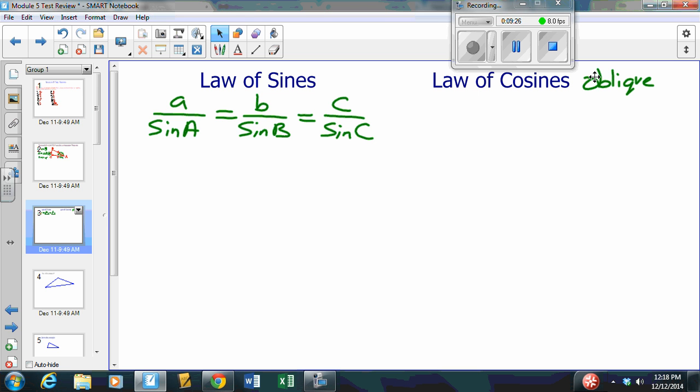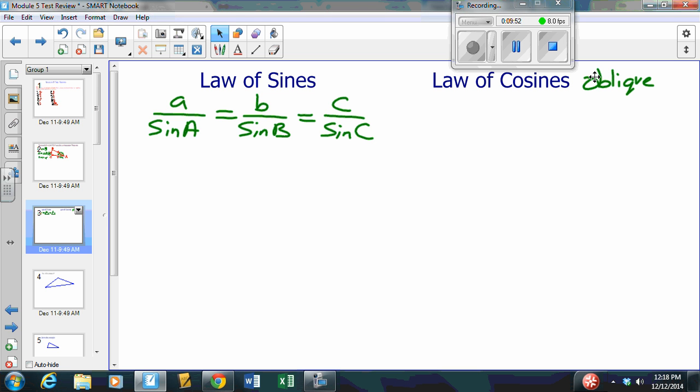Often when I give this test, where we have right triangle trigonometry and we have law of sines and cosines, I get students that get them mixed up. They forget to determine whether it's a right triangle or a non-right triangle. You've got to differentiate between those two and use the appropriate formulas.